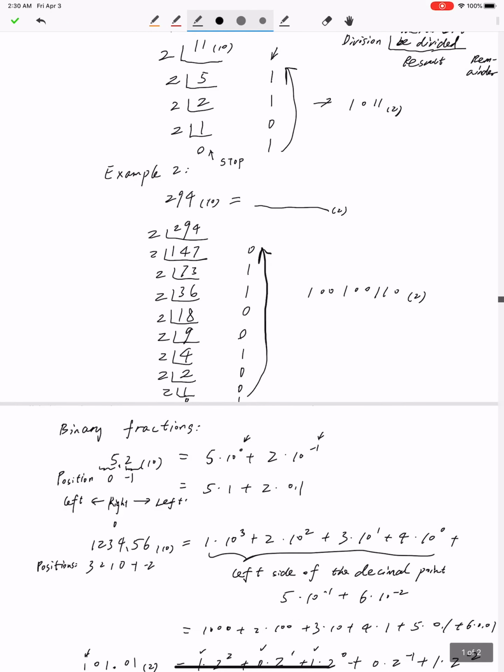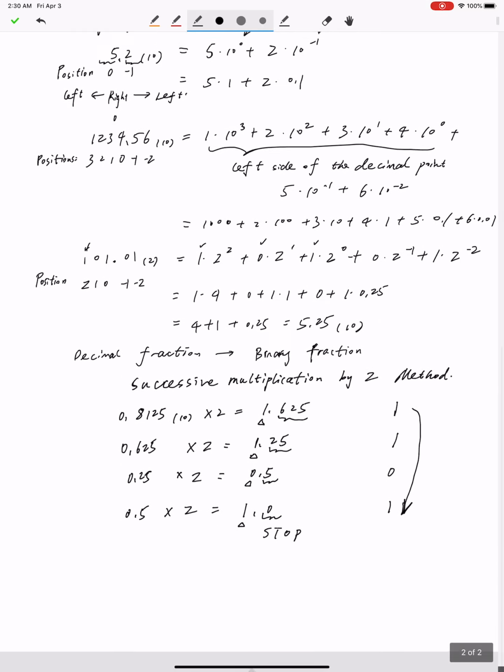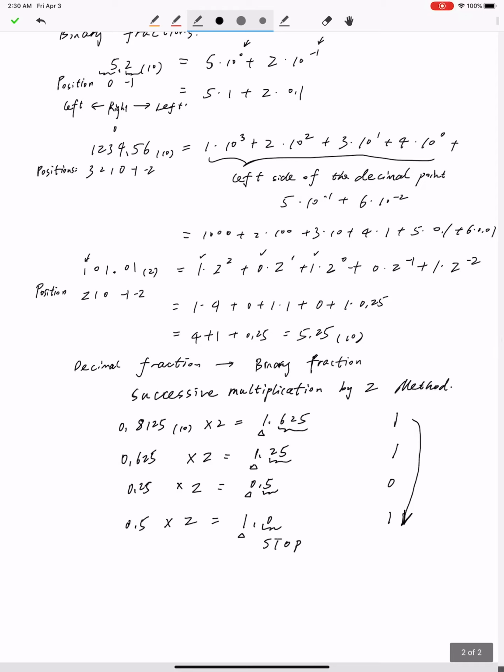The order of binary numbers for the repeated division by 2 method is from bottom to top, but here it is from top to bottom, right? So we have 1101, 0.1101. That is the binary representation of 0.8125. Okay.